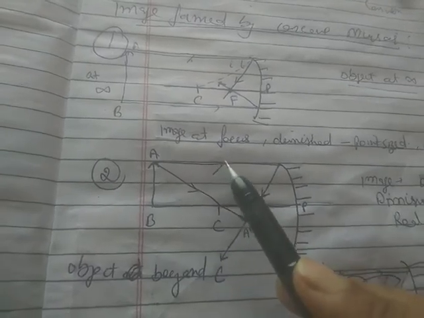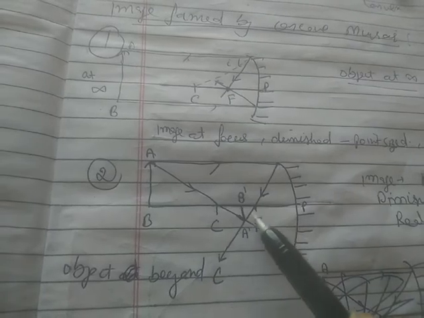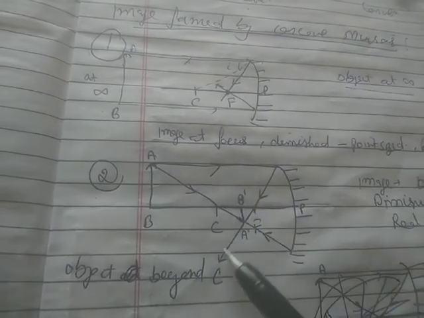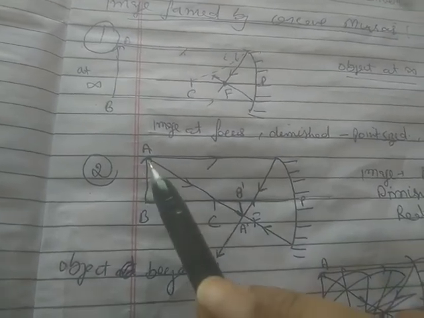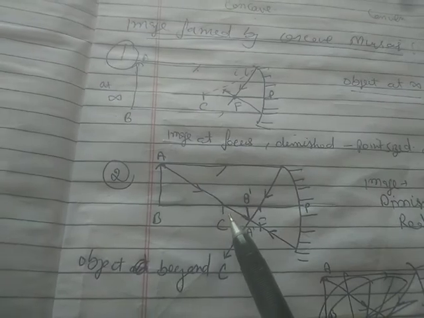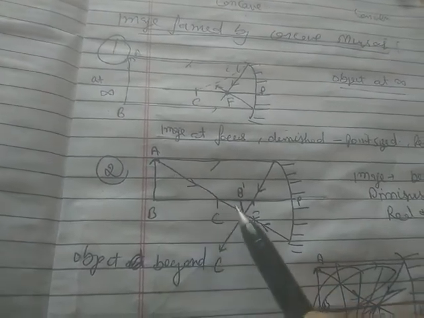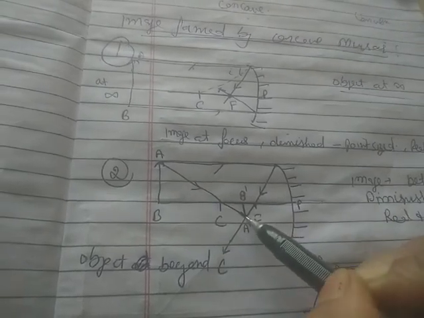We know that the ray that is parallel to the principal axis, after reflection will pass through the focus point, this point. This arrow is showing the reflected ray. Similarly, the ray passing through the center of curvature, after reflection goes in the same path through the center of curvature. So where they intersect, this point is the point of intersection.